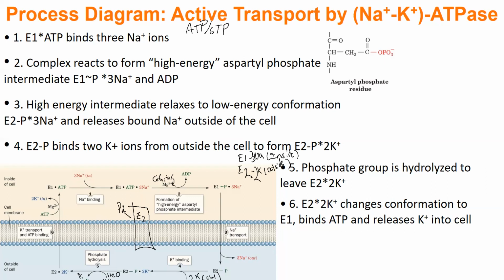Once it's in the E2 form, it will bind 2 potassium on the outside of the cell and then remove the phosphate.